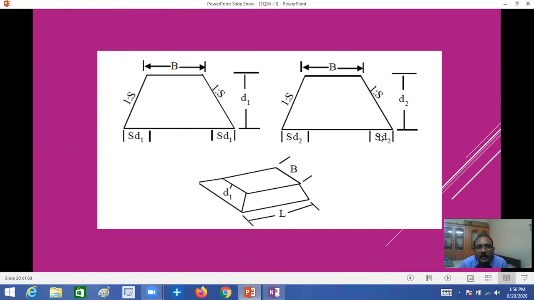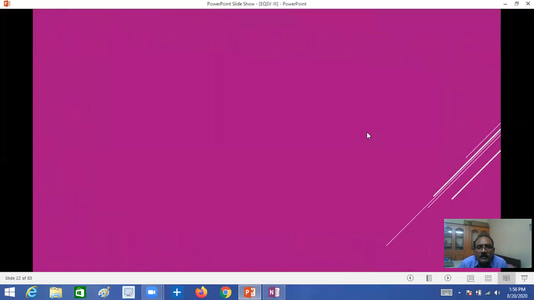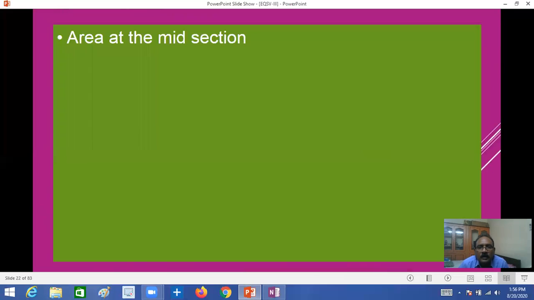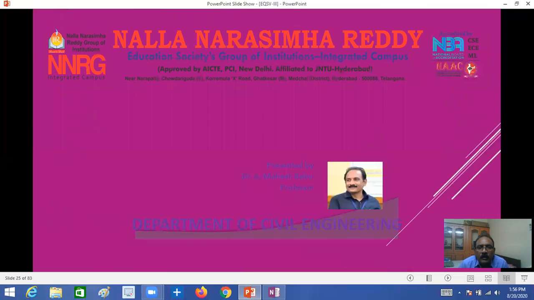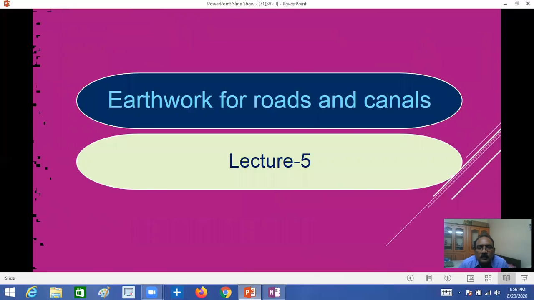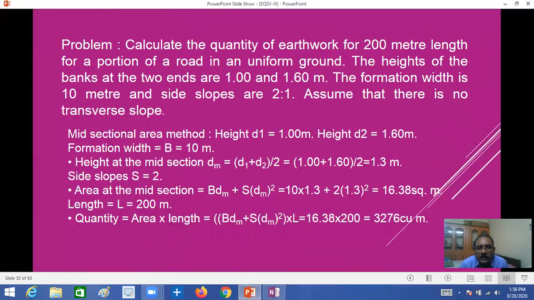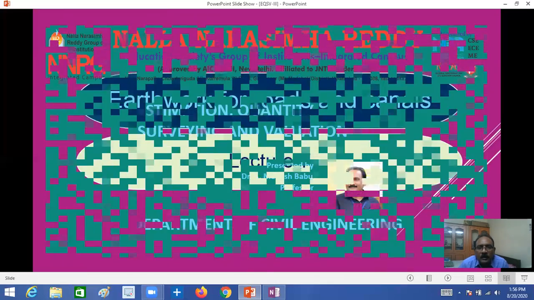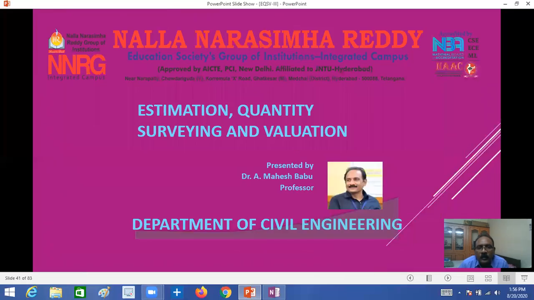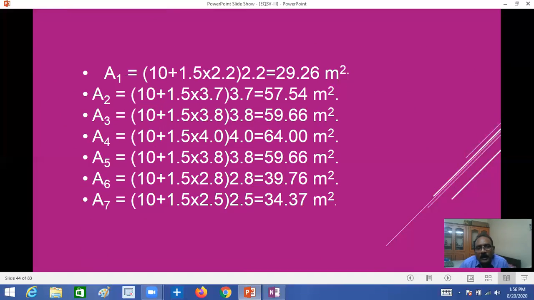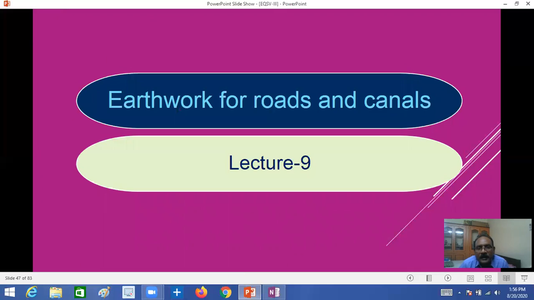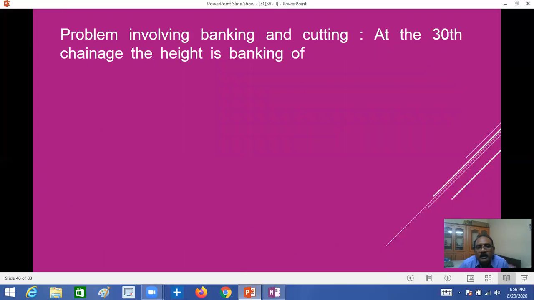This is road work, right? This is the formation width. Here banking is there, and we have cutting.